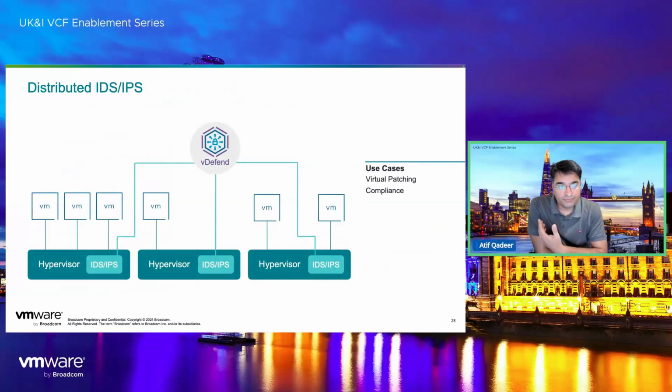So what we can do is we can do distributed IDS IPS. That means that we can run use cases like virtual patching. We can actually mitigate compliance. To explain virtual patching in a better way is that we all are aware, and it's an industry-wide problem, that most organizations today have legacy operating systems from Microsoft, and sometimes you are paying extended support to Microsoft.